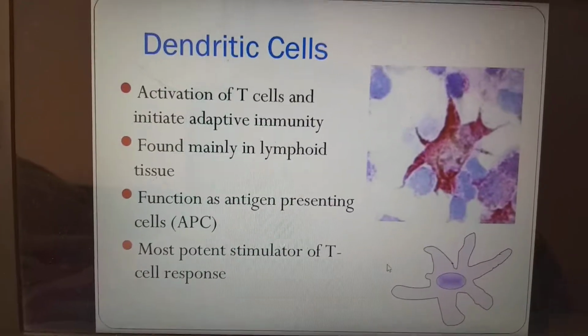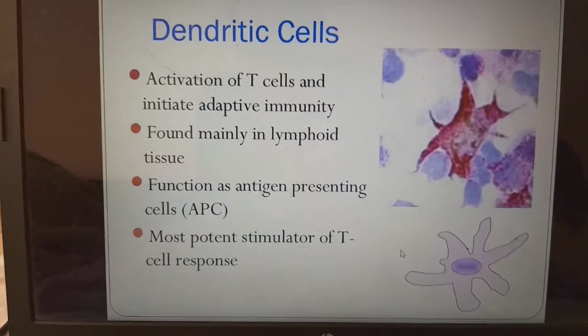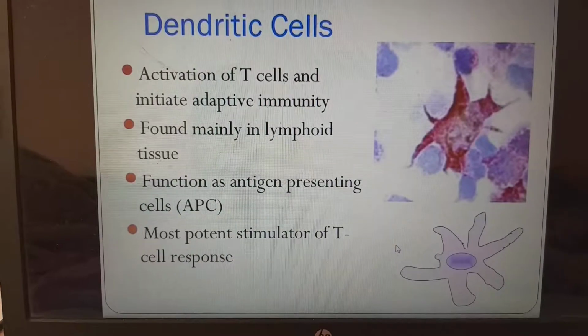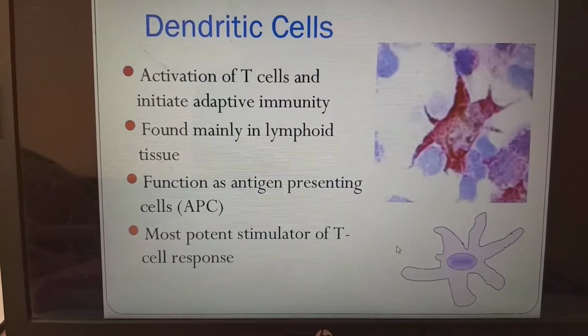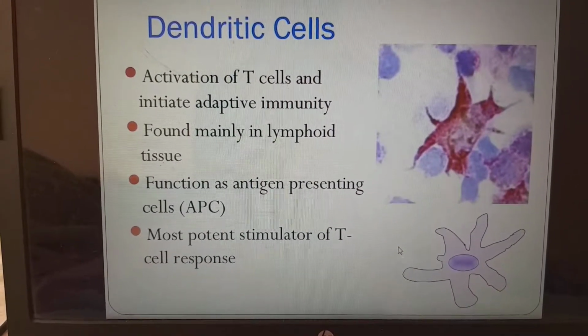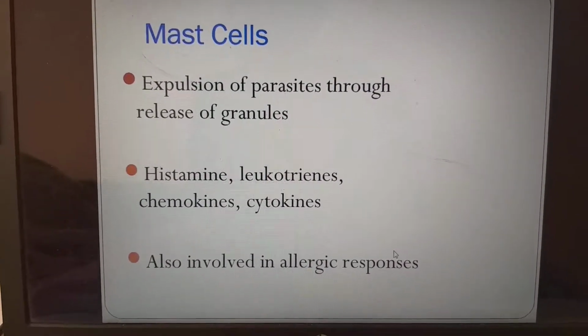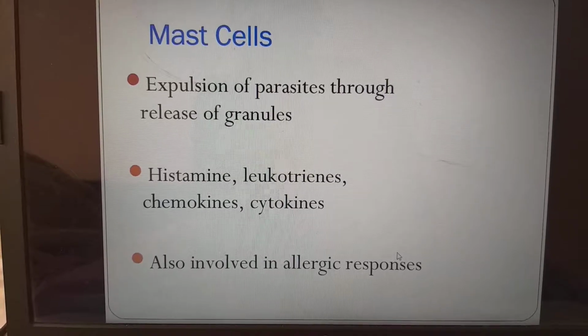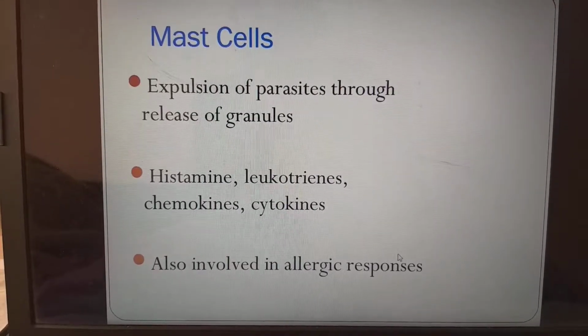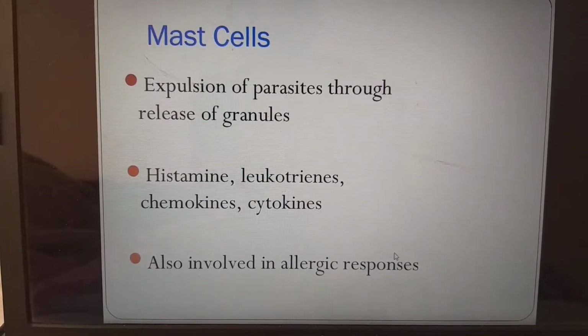Dendrite means tree-like, because of that we call it dendritic. They function as antigen-presenting cells, the most potent stimulators of T cell response. Mast cells: expulsion of parasites through release of granules. Histamine, leukotrienes, chemokines, cytokines are also involved in allergic responses.